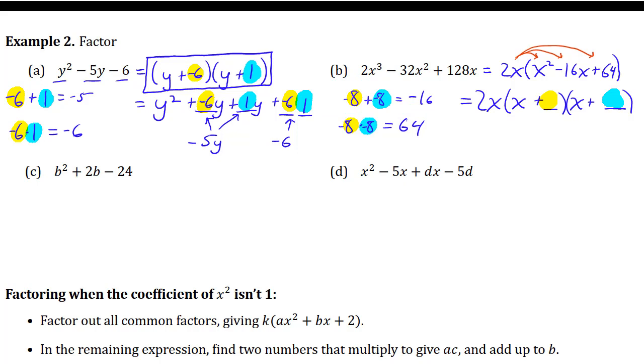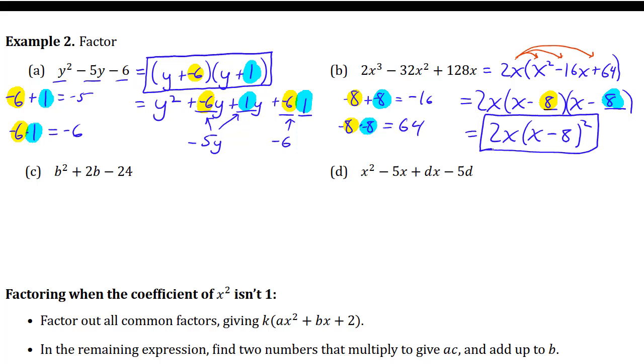So after trying some stuff, you'll come up with that, hopefully, and so instead of writing plus negative 8, that's a little awkward, I'm going to write x minus 8 and x minus 8. Okay, and you could also, of course, just write that as 2x times x minus 8 squared.